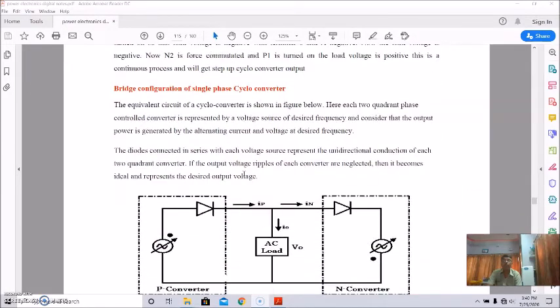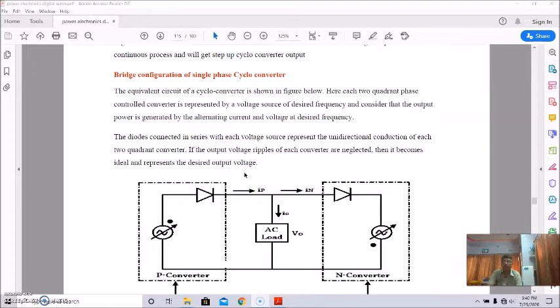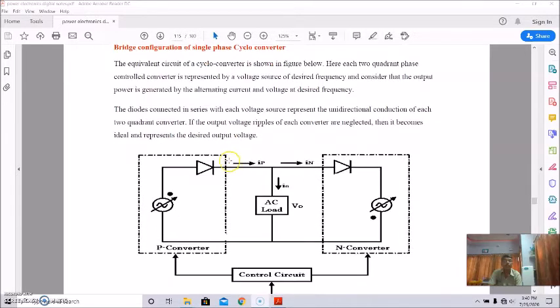Now we'll discuss the bridge configuration of a single-phase cycloconverter. The equivalent circuit of a cycloconverter is shown here. This is the positive converter. This is the negative converter. This is the AC load.